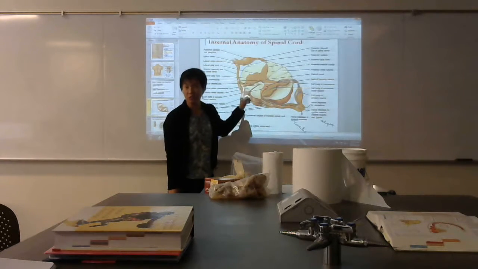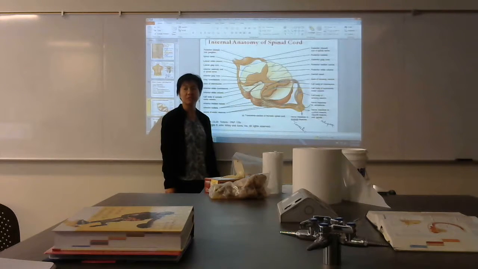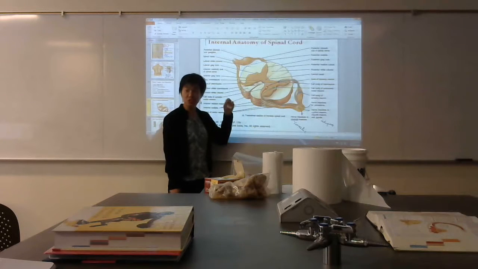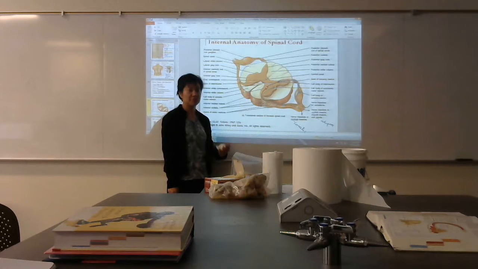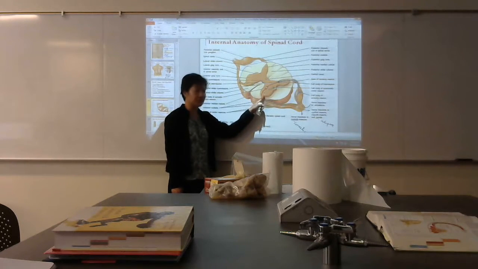Be able to label them for your next test, not this coming up test, okay? So the motor neurons that come out of the lateral gray horn innervate only your internal organs, your viscera. If you're going to innervate skeletal muscle, they will come out of the ventral gray horn.